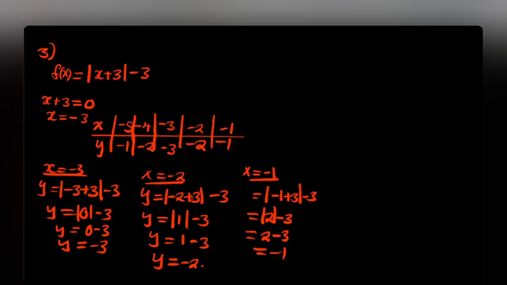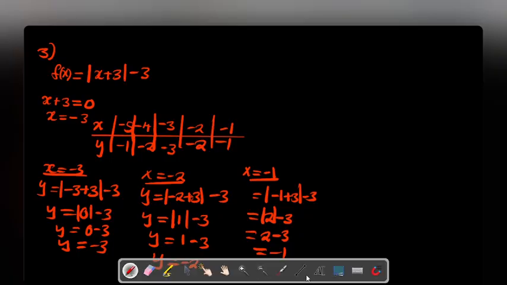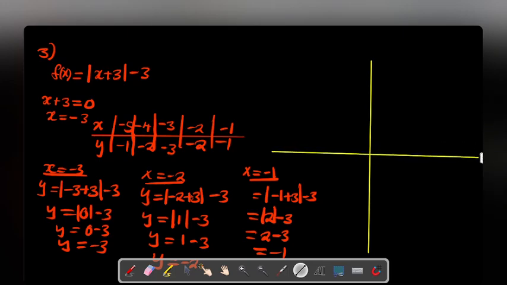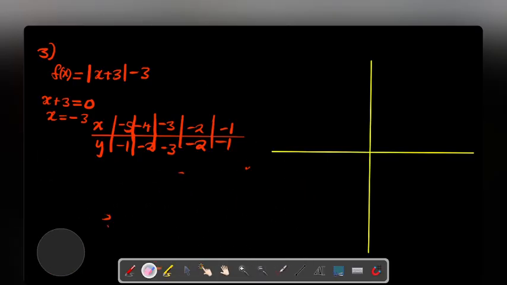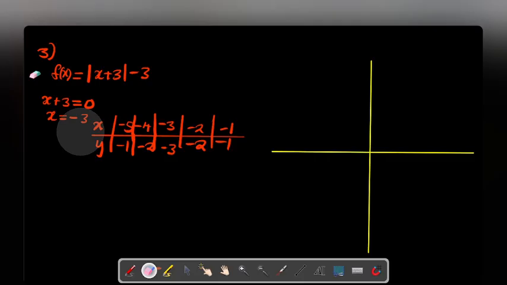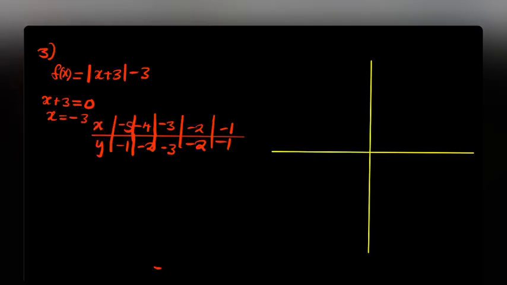So now we need to sketch our graph using these points that we have. This is our graph. Let me just create some space here, remove this. Now we need to indicate the values that we have.